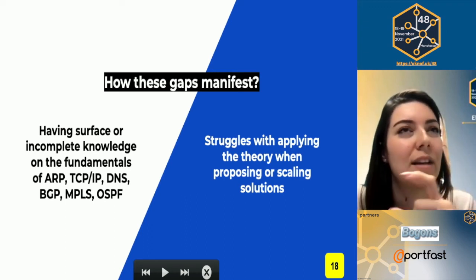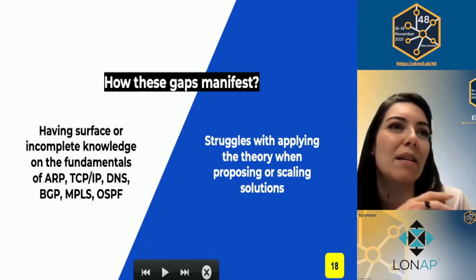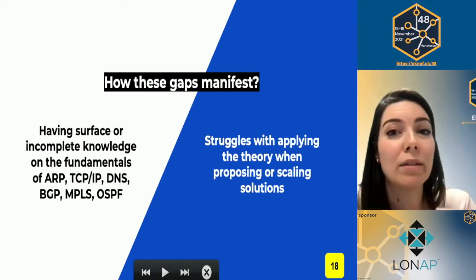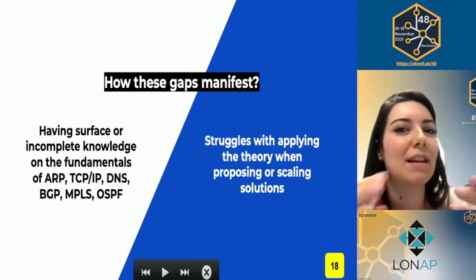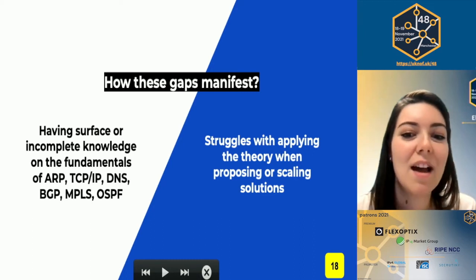That's when you start looking at, okay, there are some gaps here. Maybe the protocol that they were working on in a small network, now that gap is reflected when they have to design for thousands or millions of users.